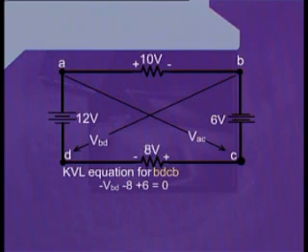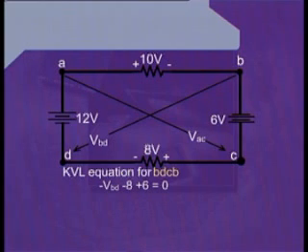While we are at the point C, we will be facing towards the point B. And in between the points C and B, we can see that there exists a 6-volt voltage source, and the positive terminal of this voltage source has been connected to the point C. Therefore, we will write plus 6.